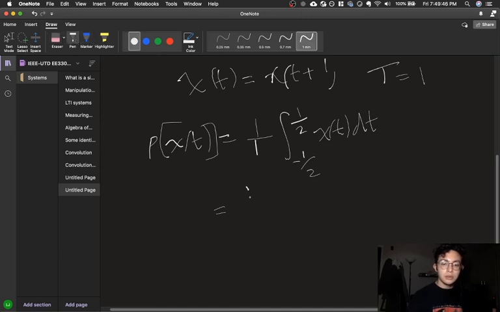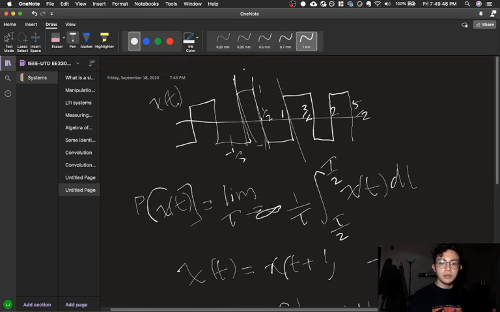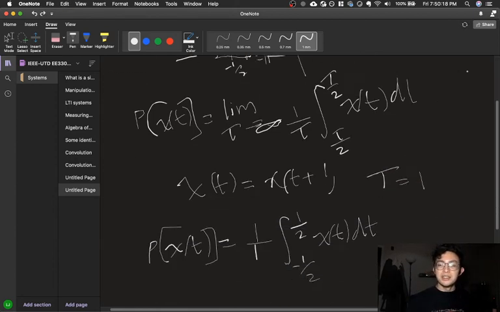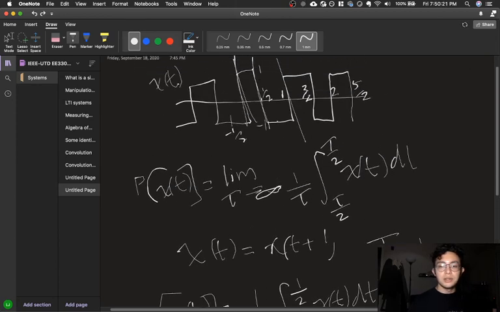I'm going to split this up, because our signal is 1 for t positive and -1 for t negative within the period.